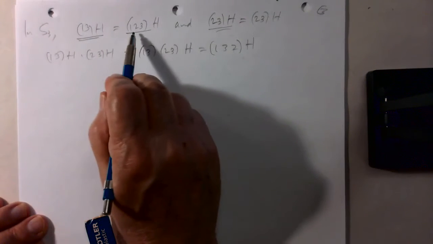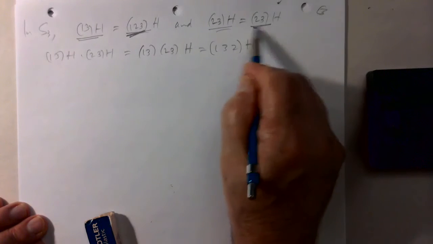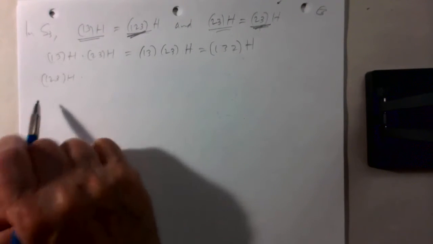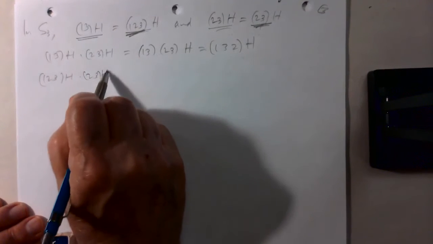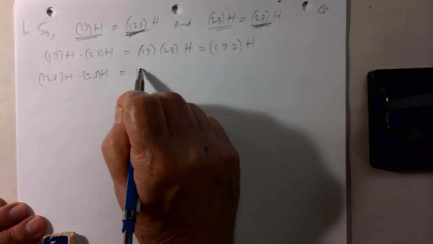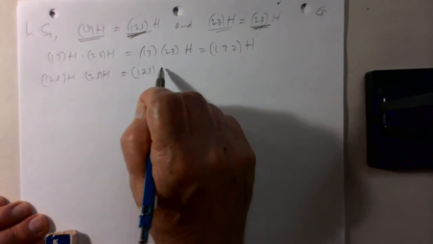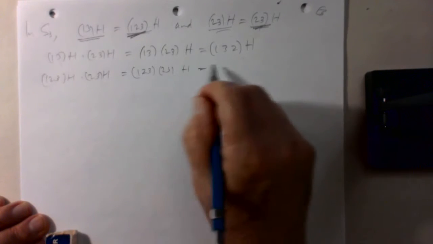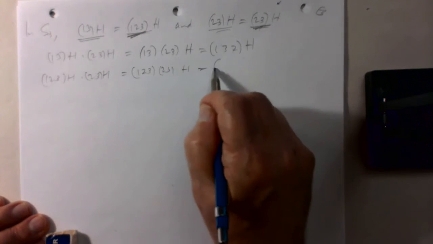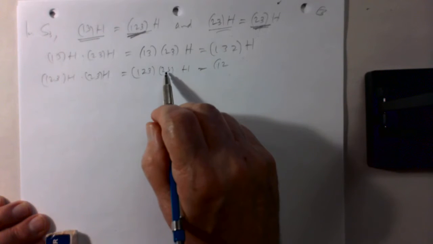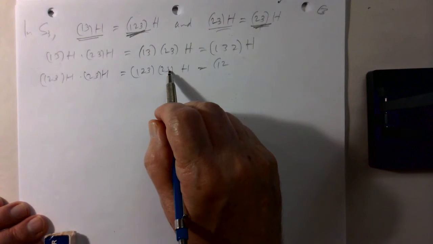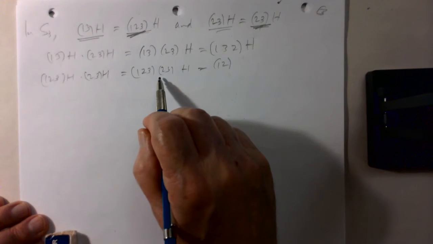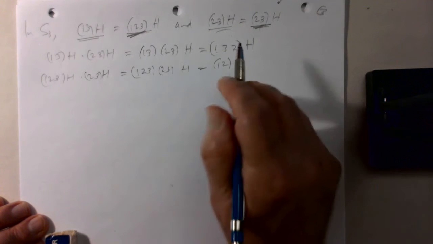And if I take this times this, (1 2 3)H times (2 3)H, that would be the coset (1 2 3)(2 3)H. What is (1 2 3) times (2 3)? 1 goes to 2, 2 goes to 3 goes back to 1, and 3 goes to 3.